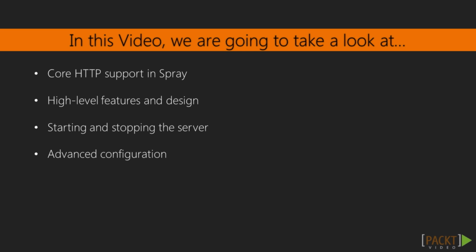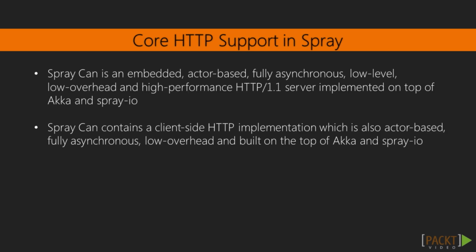The Spray framework has excellent HTTP 1.1 support, both from the server side and the client side. Throughout this video, we are going to focus on the spray-can HTTP server only. However, we will get back to the client side later in the course.